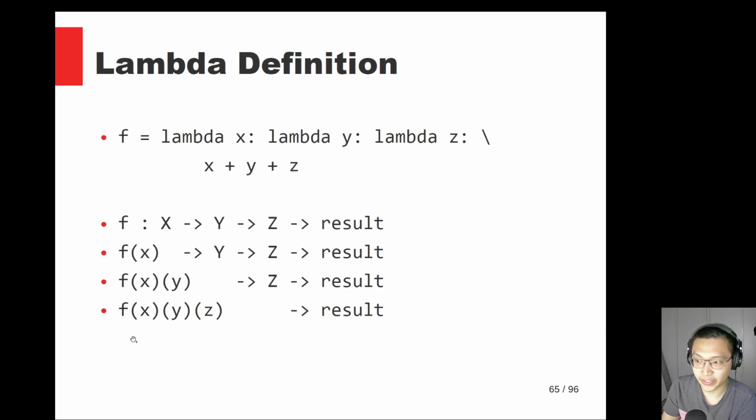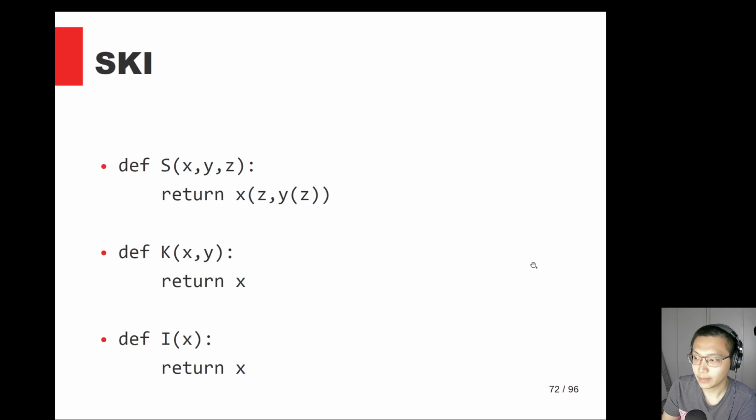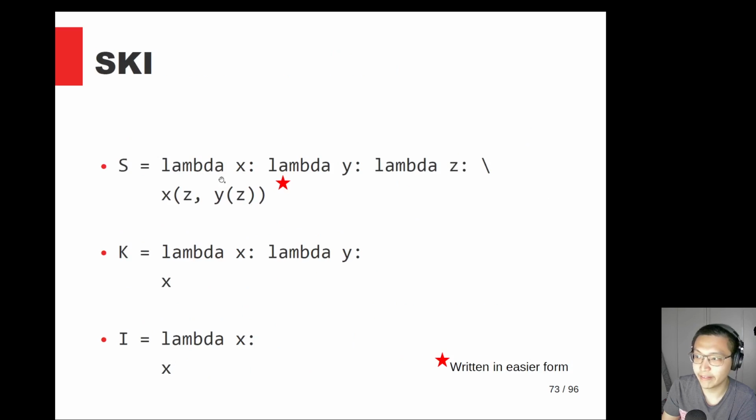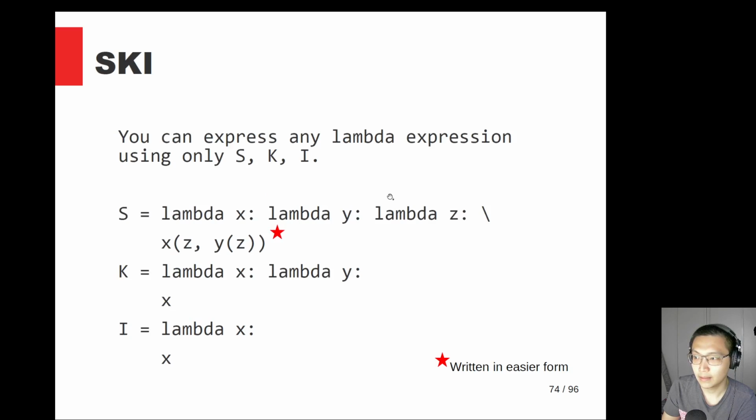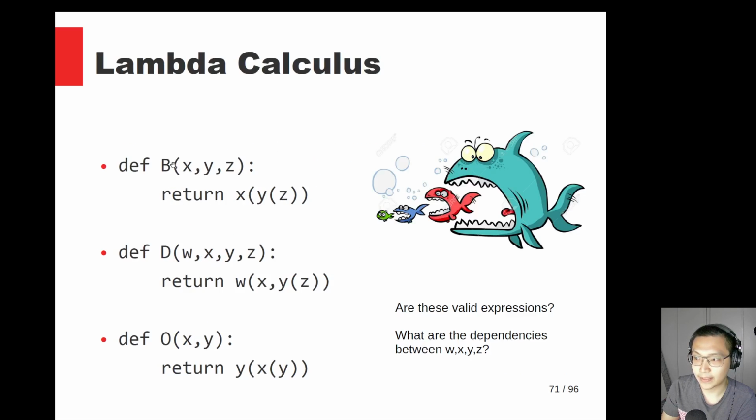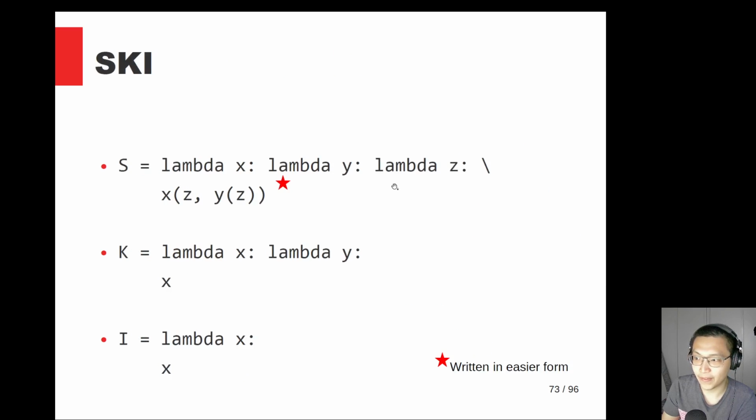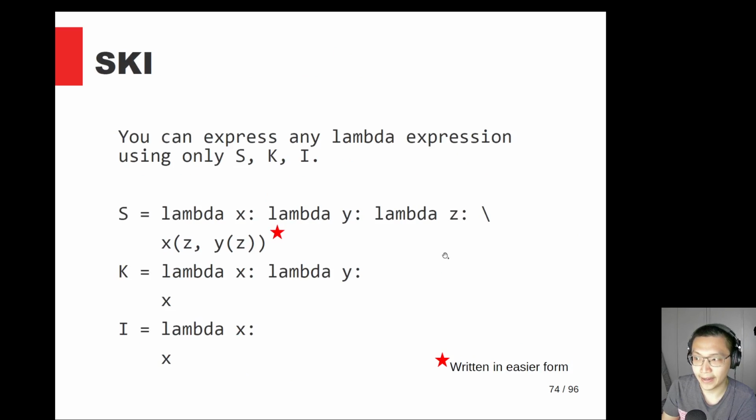I want this feature in my code. I slightly simplified this so that it's easier to understand. In fact, I can express any lambda expression, any of these expressions B, D, O, can be simplified using S, K, and I.